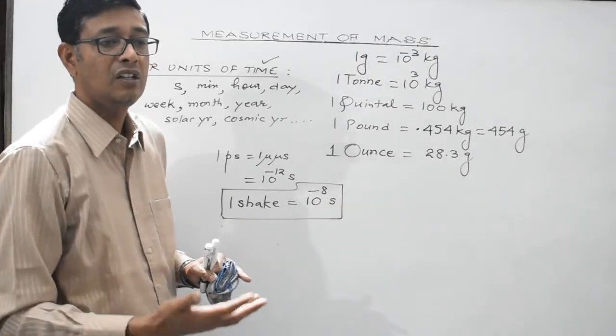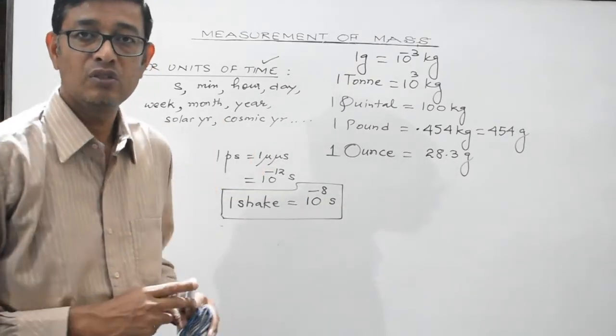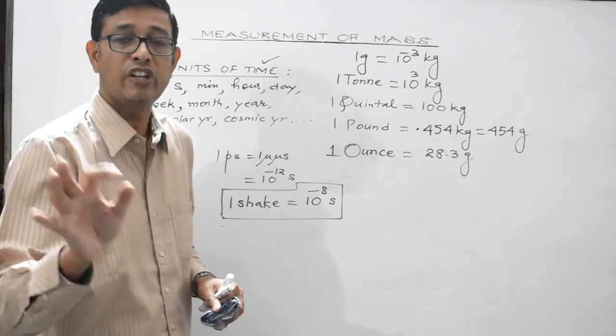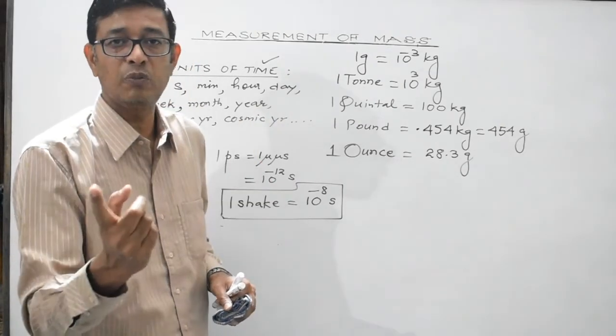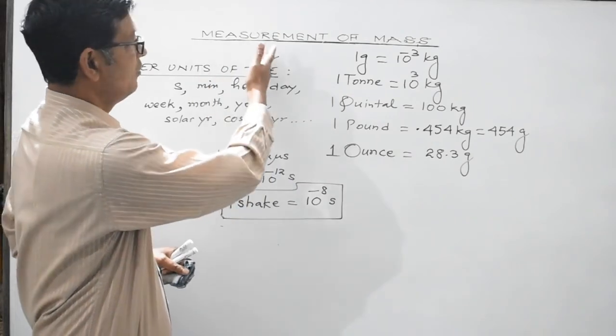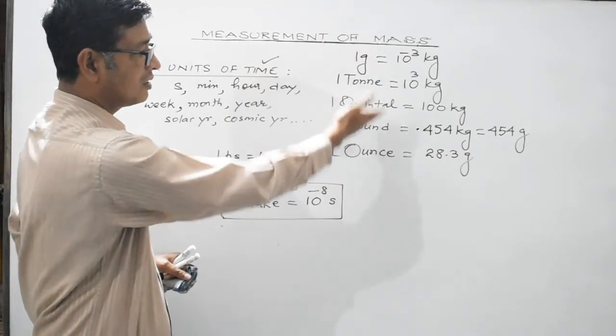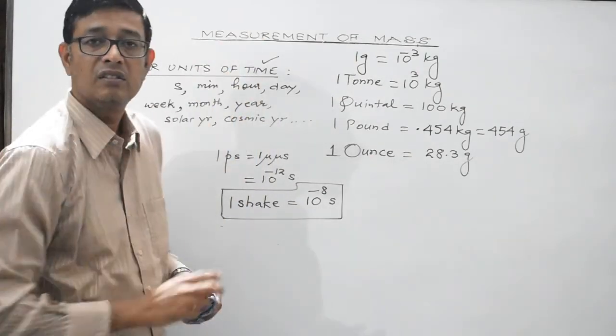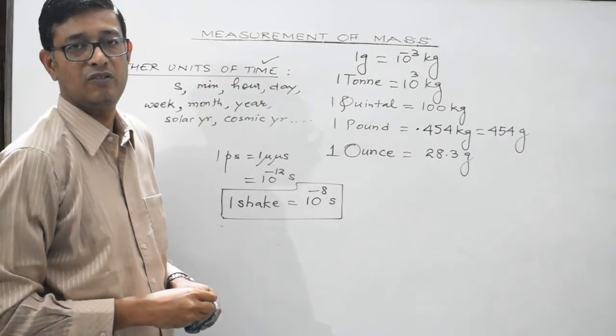Then we discussed how to quantitatively measure them, and a very important concept, the ratio of the inertial mass to the gravitational mass of a body is always equal to unity. Then we discussed various units of mass, quintal, pound, ounce, ton, and some units of time as well.